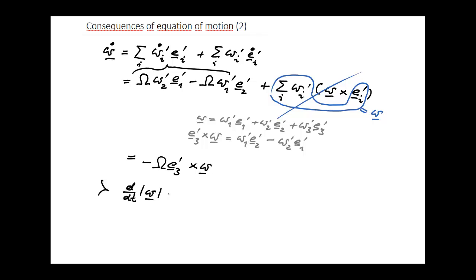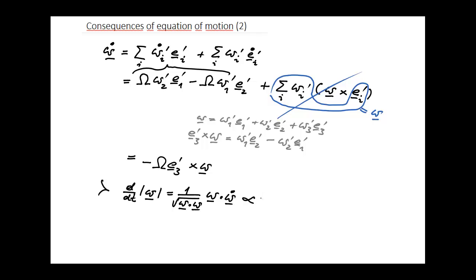Let me write this down. This is 1 over the square root of omega scalar product omega, and then you have omega scalar product omega dot. That's how the length or the absolute value of the angular velocity vector changes in time. Let's disregard this 1 over square root. It doesn't change our conclusions. And let's use the result for omega dot.